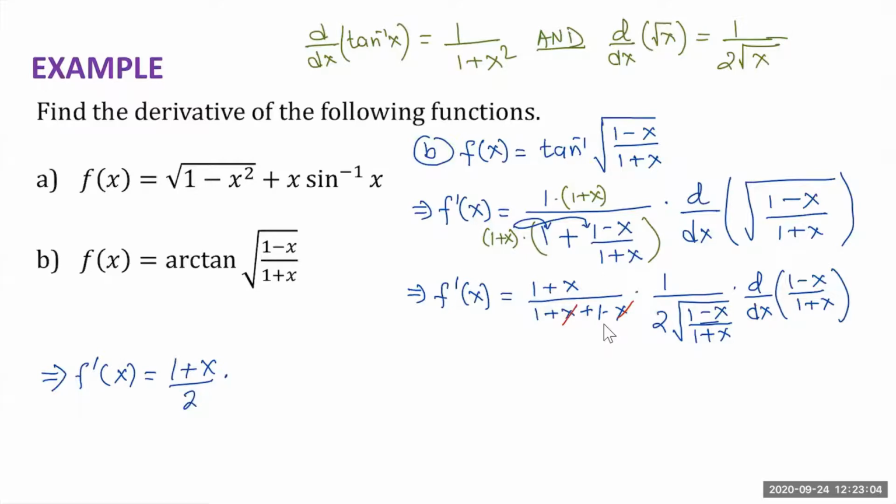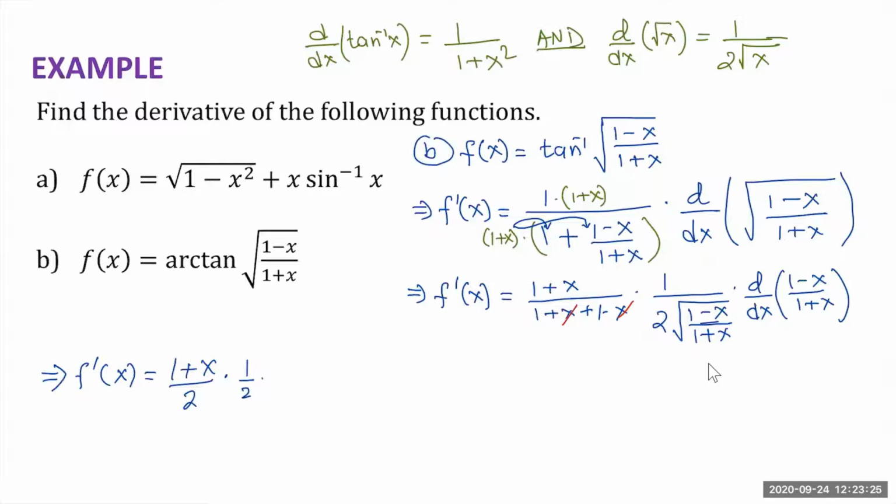Then multiply by 2. If you look at the second one carefully, I want you to look at the screen. Here we already have 1 over 2. Let me write that: 1 over 2. And inside the square root, I have 1 minus x over 1 plus x, but that is in the denominator. If a quantity is in the denominator, that is the reciprocal.